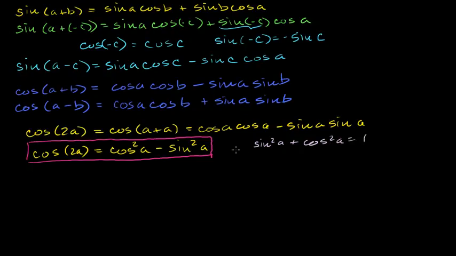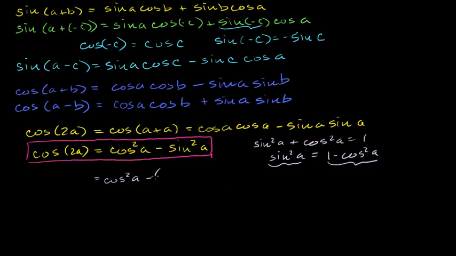Or you could write that the sine squared of a is equal to 1 minus the cosine squared of a. And then we could take this and substitute it right here. So we could rewrite this identity as being equal to the cosine squared of a minus the sine squared of a. But the sine squared of a is this right there.